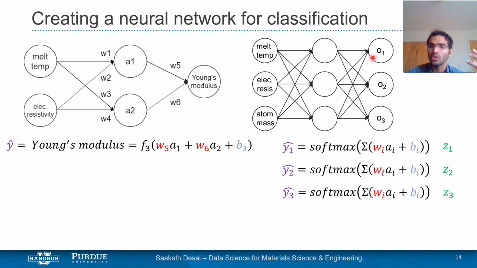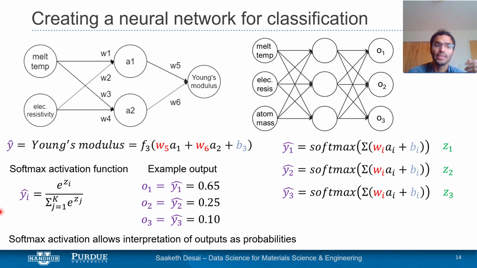So if the input to the neuron O1 is Z1, the softmax activation is going to apply to Z1 in such a way that the output Y1 hat is now going to be e to the power Z1 divided by e to the power Z1 plus e to the power Z2 plus e to the power Z3, where Z2 and Z3 are the corresponding inputs to the neurons O2 and O3.